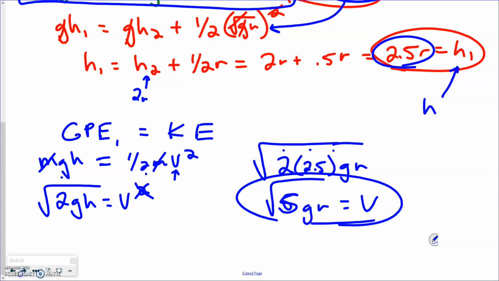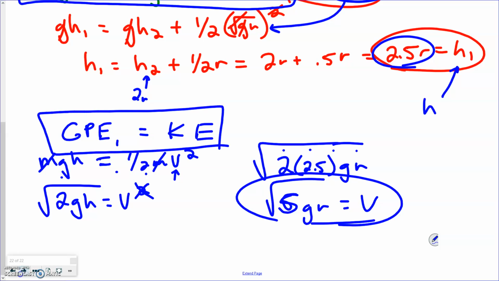Remember our order of operations, when all these are multiplied, we don't care what we multiply first. So 2 times 2.5, square root 5gr. Simple enough. Again, it comes down to the law of conservation of energy. Plug in your stuff, put in any quantities you know, and solve for the variable, right?